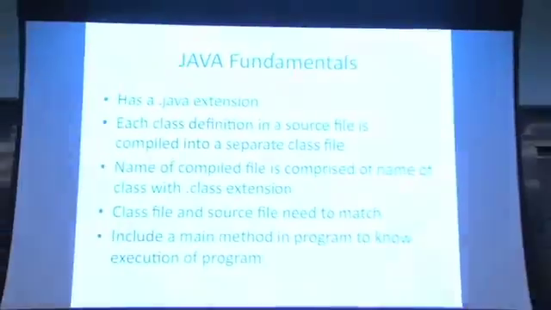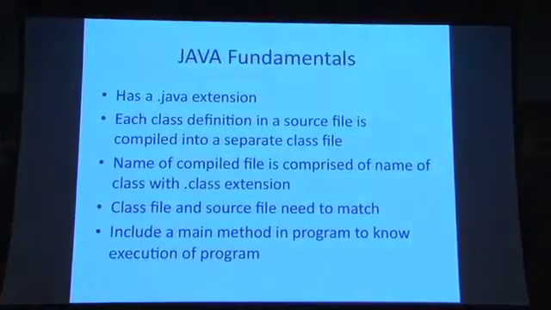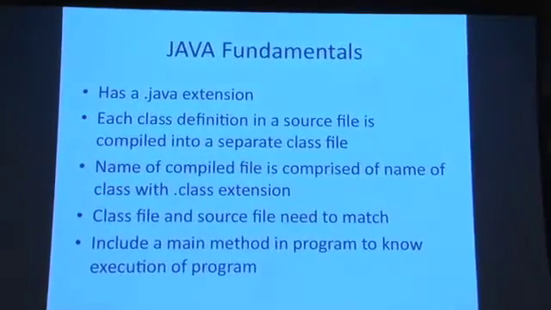Each of these class definitions is compiled into a separate class file. When you go through your file manager and look at the files in your directory, let's say we have HelloWorld.java. When you compile that, you'll also have HelloWorld.class. The class name and source file name need to match, otherwise you're going to get some errors.